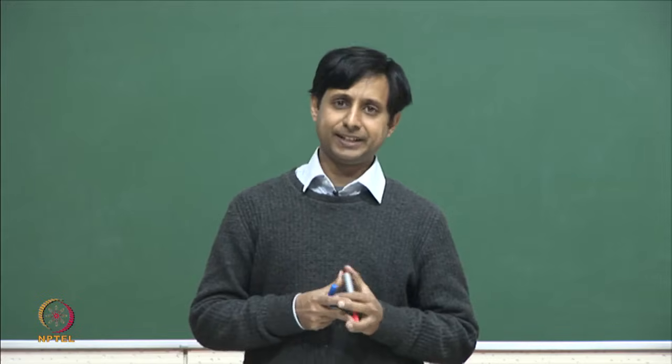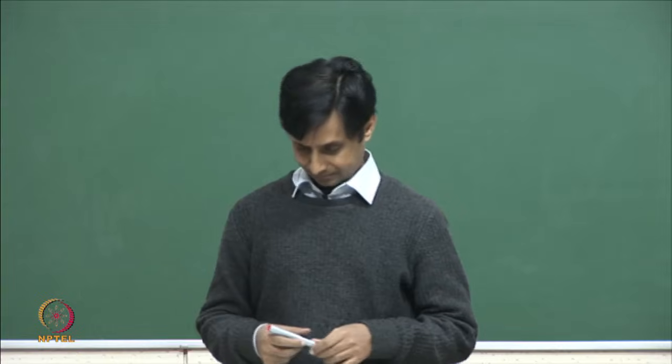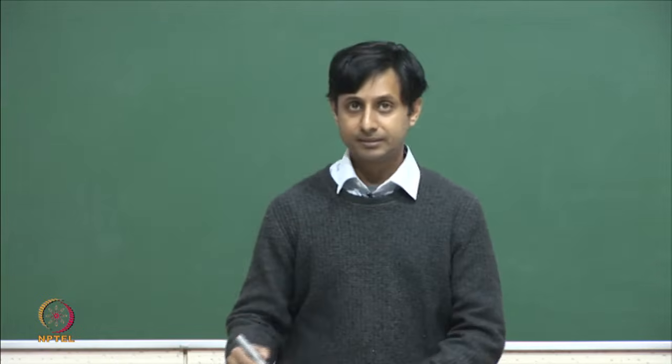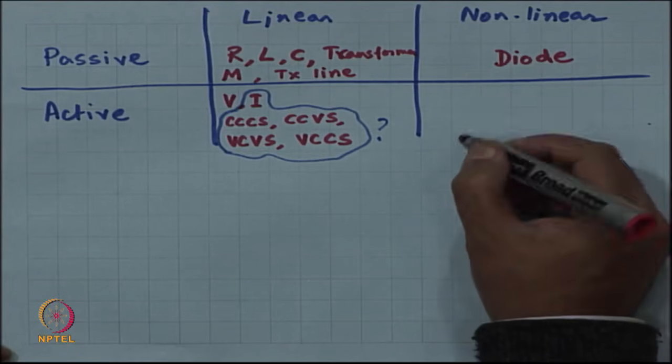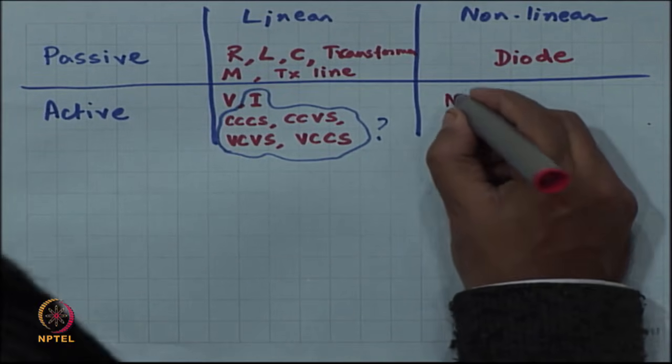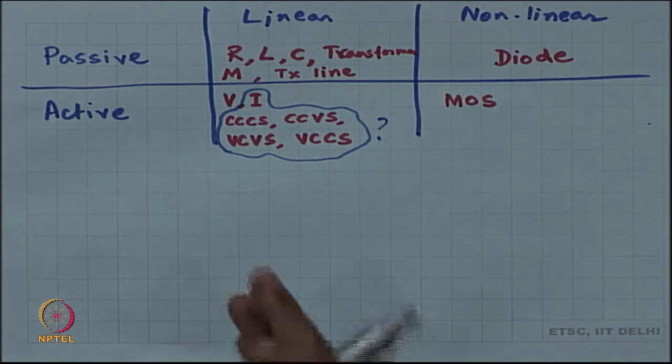Then come the nonlinear active elements. Any ideas? Any names that you have for the nonlinear active elements? Okay. The Mosfet, and that is going to be a primary subject matter of this course, how it behaves.